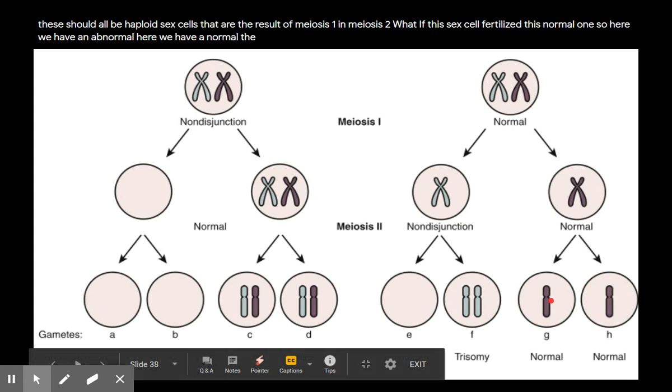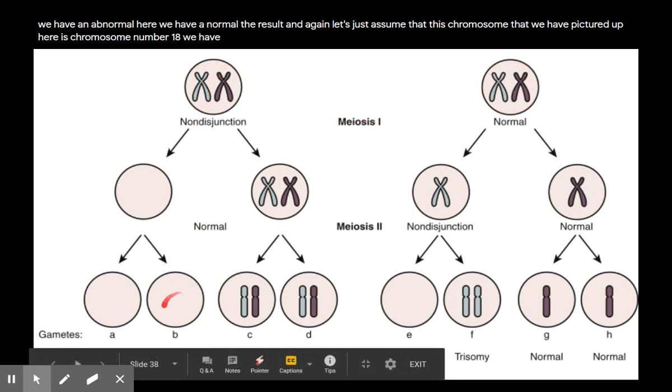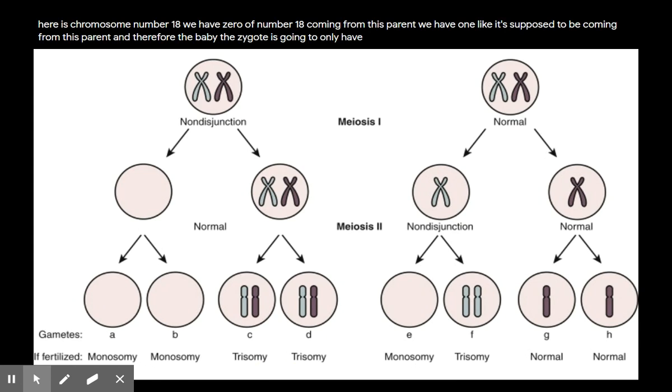The result, and again, let's just assume that this chromosome pictured up here is chromosome number 18. We have 0 of number 18 coming from this parent. We have 1, like it's supposed to be, coming from this parent, and therefore the baby, the zygote, is going to only have 1 of chromosome number 18 instead of the pair that it's supposed to have.